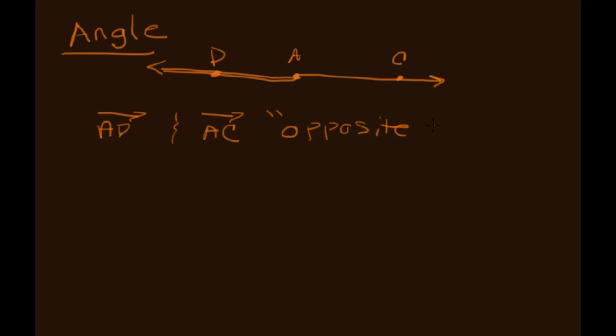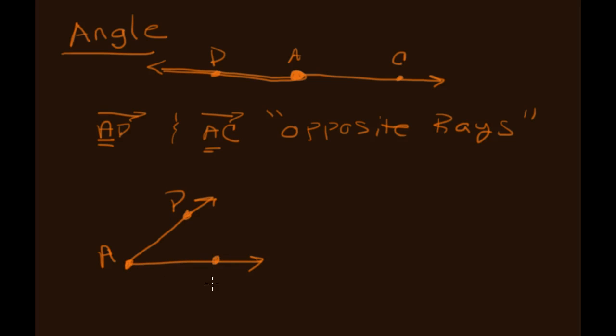Now this is the beginning of a thought of an angle, because these two rays have a common endpoint. They both have A as the endpoint. So what if I drew this where A was the endpoint and I had AD going this way and AC going this way? I still have two rays with a common endpoint A, but now they are going in different directions, and not the opposite directions. Okay, so this is an angle.